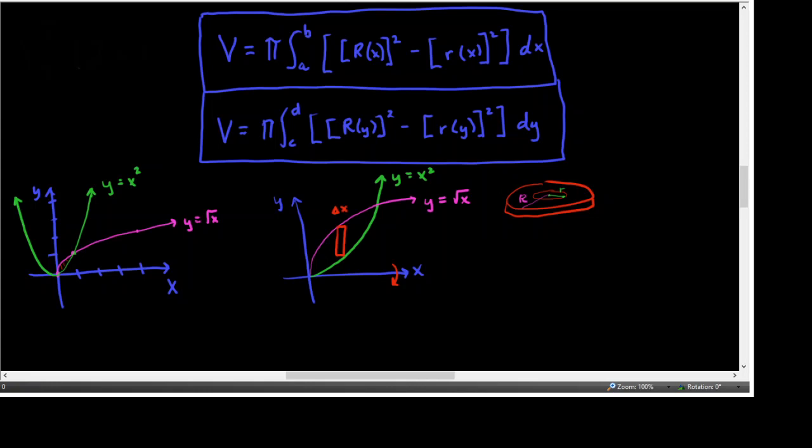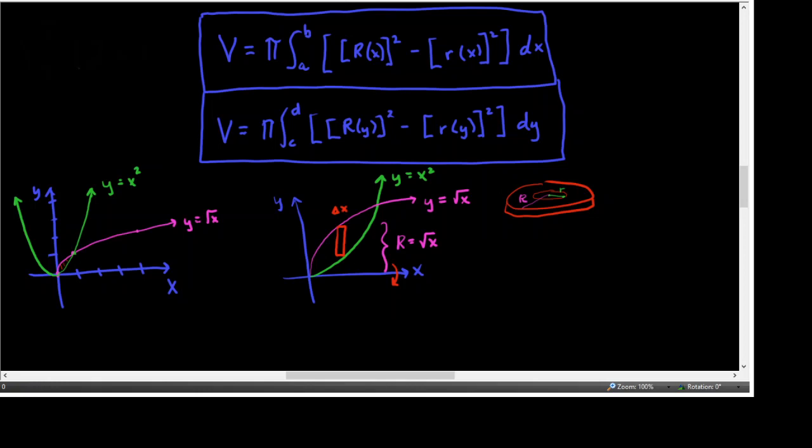The axis of revolution being the x-axis means that when we measure the length of big R, it's going to be from the axis of revolution, the x-axis, to the far end of the strip, the rectangular strip. And since we're measuring from the x-axis, that's a value of y. And since it's to the curve y equals square root of x, that big radius is y equals square root of x, or just R equals square root of x.